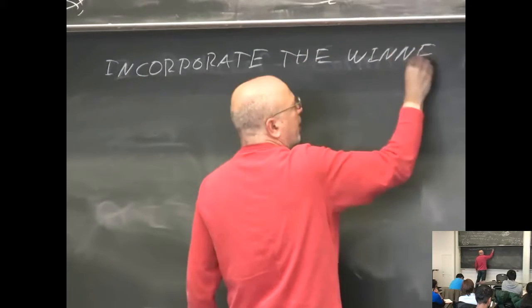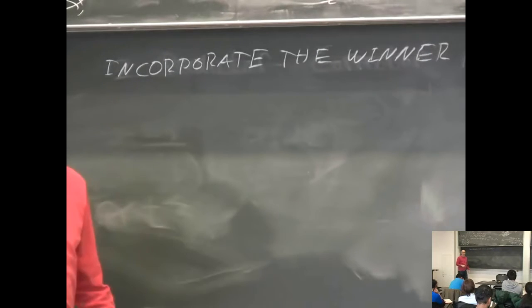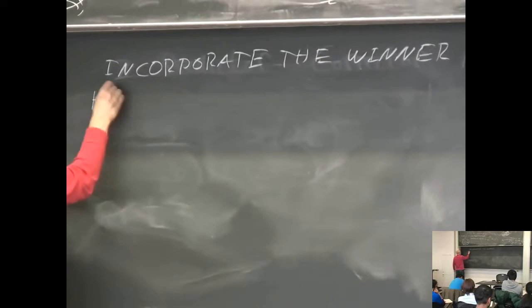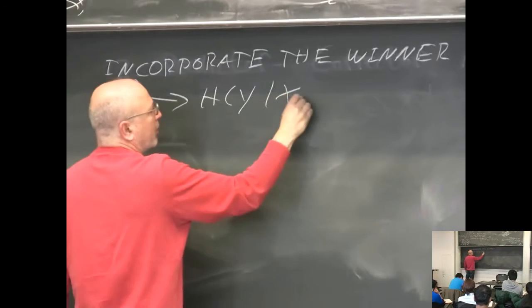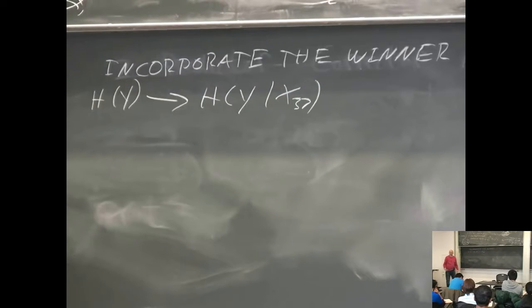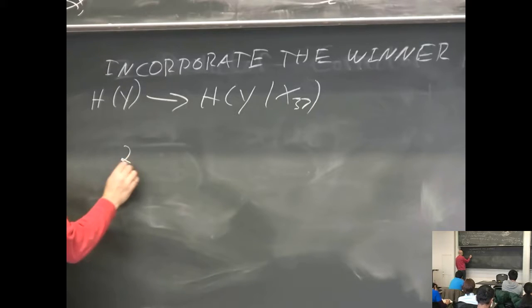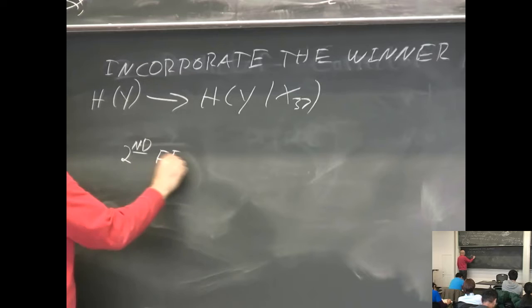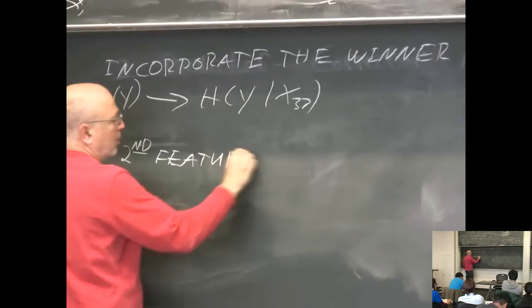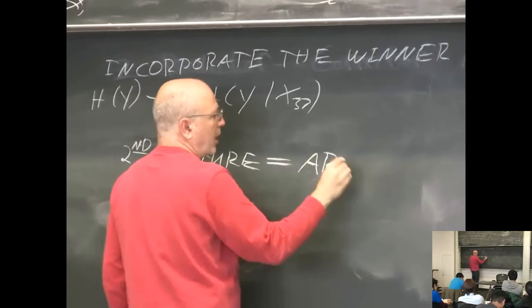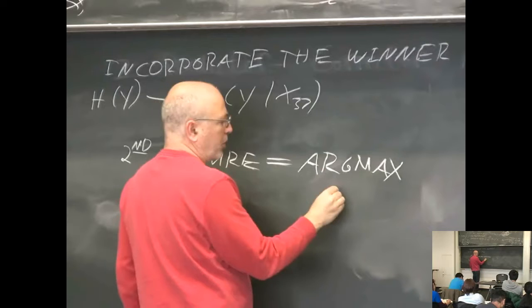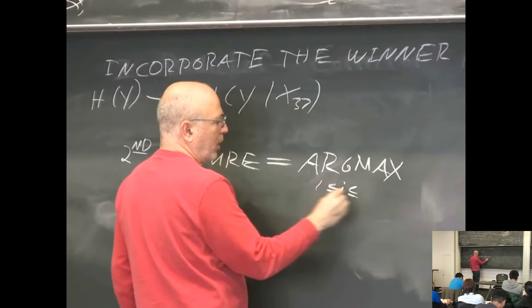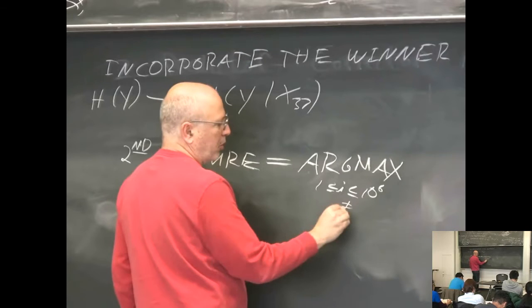And by incorporate we mean we decide to bring it into our model, and therefore now h of y went down to become h of y conditioned on x37. And now we're going to find our second feature, defined as the one that maximizes over all features i from 1 to 10 to the 6, but of course not equal to 37.